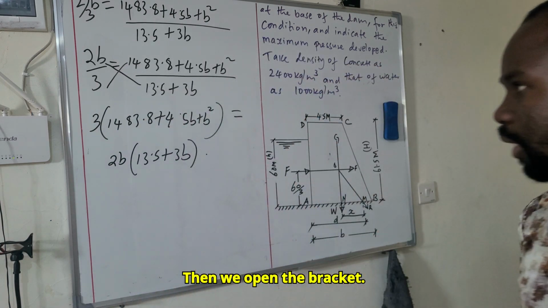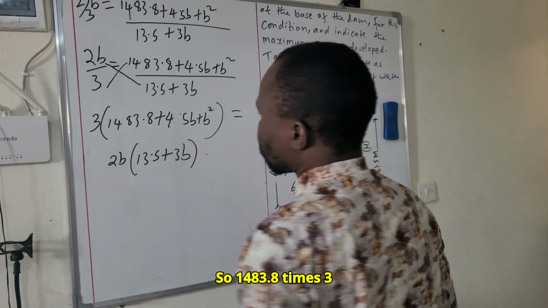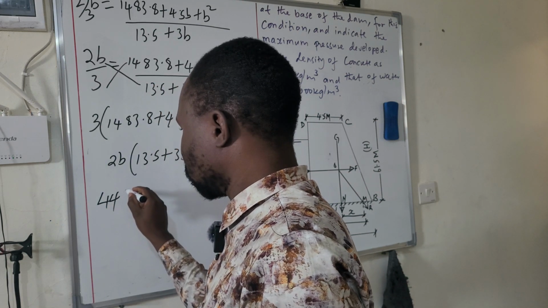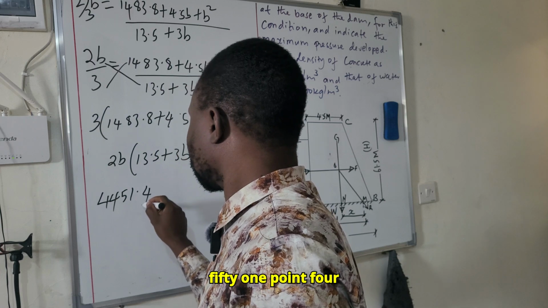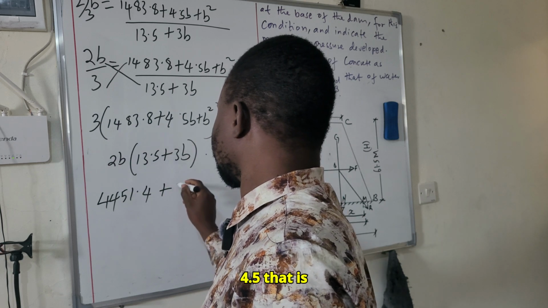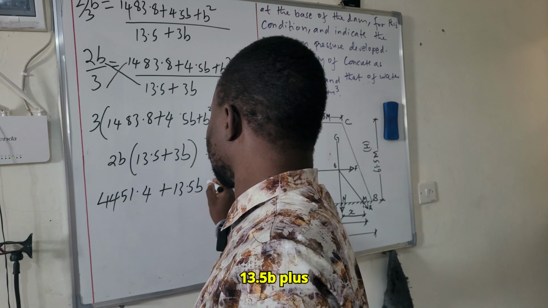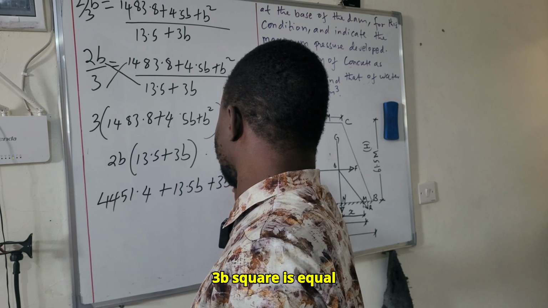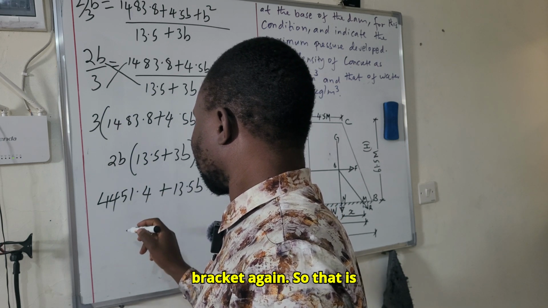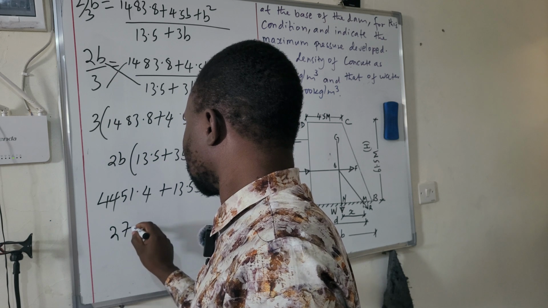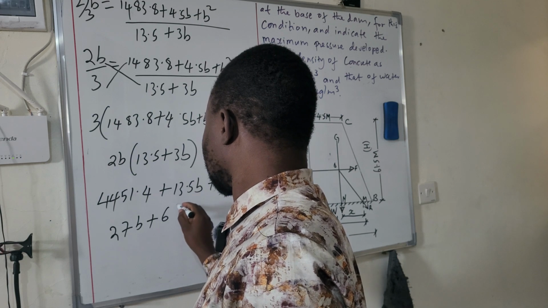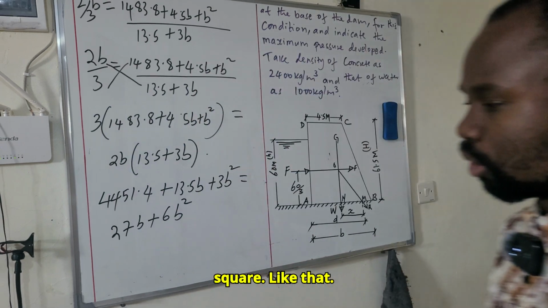Then we open the bracket. So 1483.8 times 3, that is 4451.4, plus 3 times 4.5, that is 13.5B plus 3B square, is equal to, you open the bracket again, 27B plus 6B square, like that.